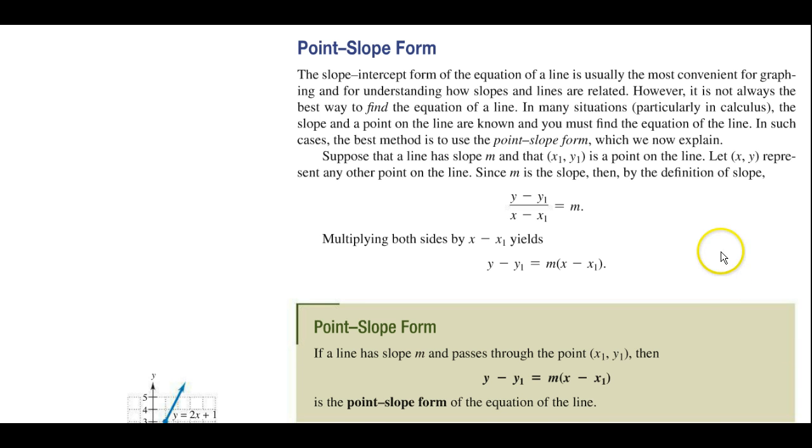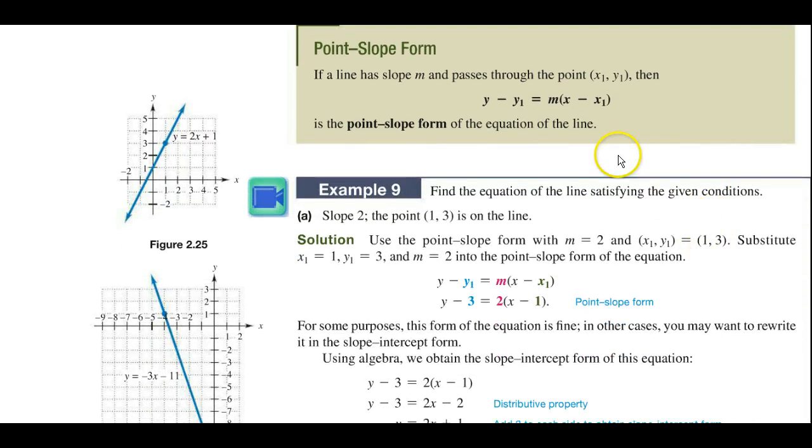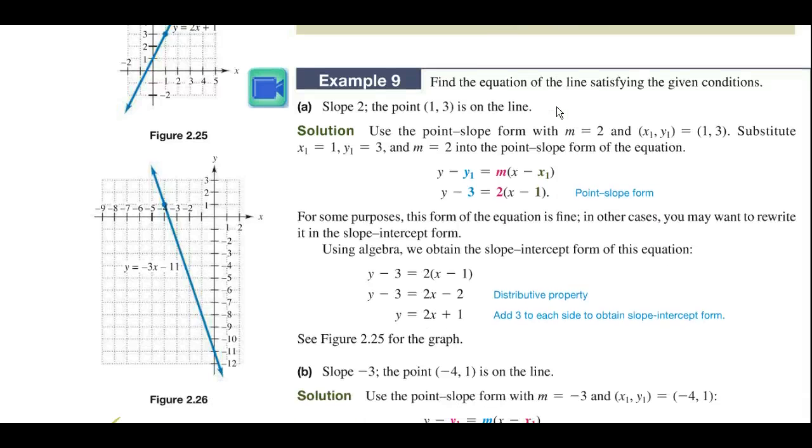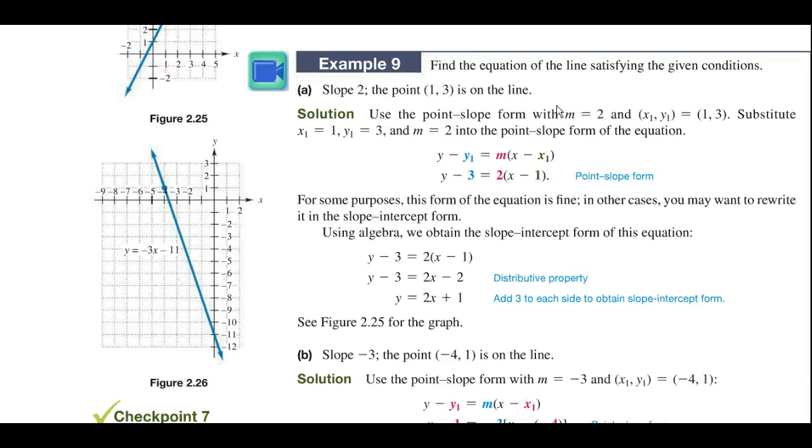Now it's called that because if we have one point, an x and a y, one point, and we know the slope, from this we can derive an equation. So let's follow example 9. Here our slope is 2, and we have 1 point. And we're going to substitute it into the point slope form. So our slope goes there, and this is our y value, which goes there.